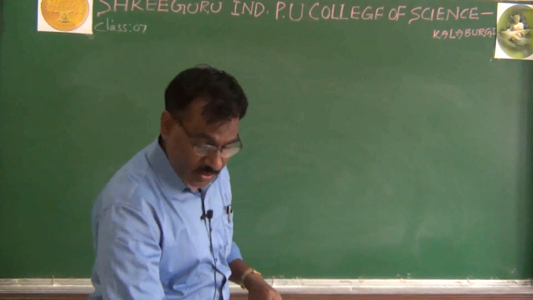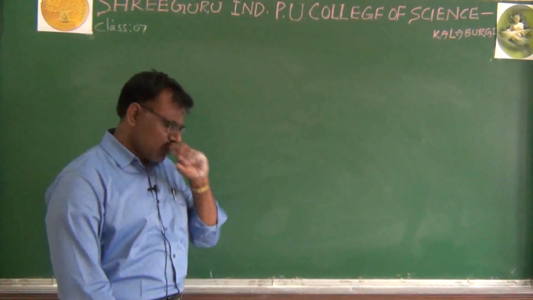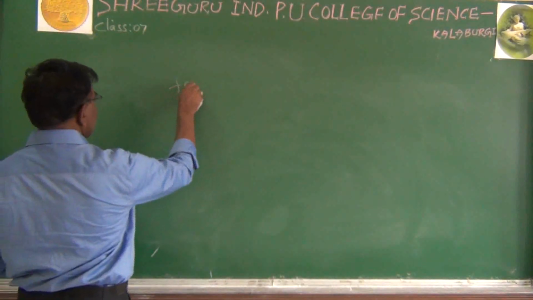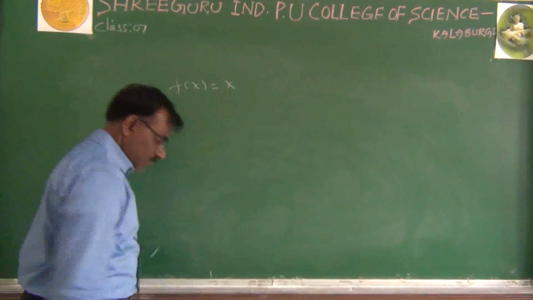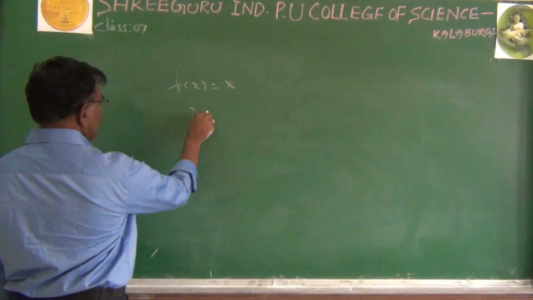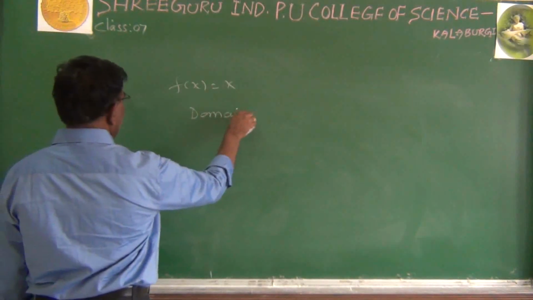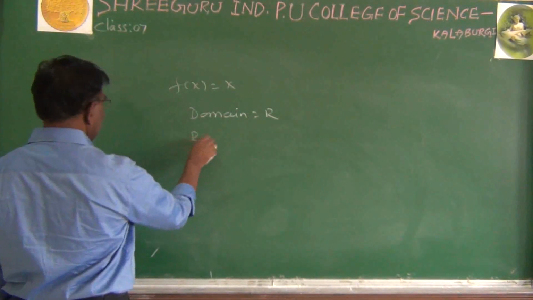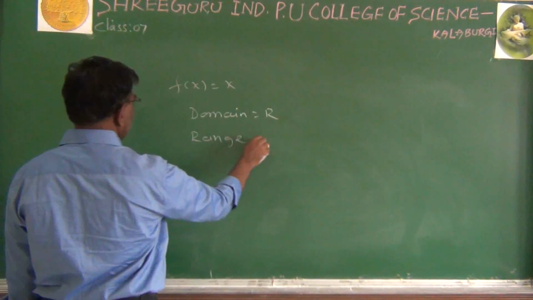Then what is next? Given the identity function, f of x is x. What is the domain? Domain equals R. Even the range is also R. No problem.